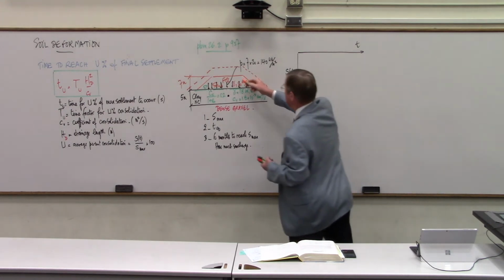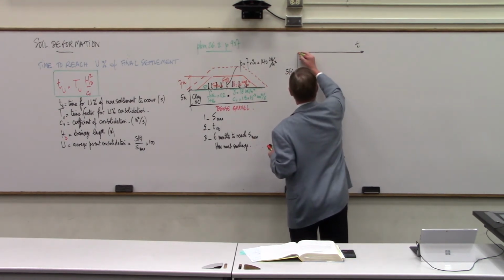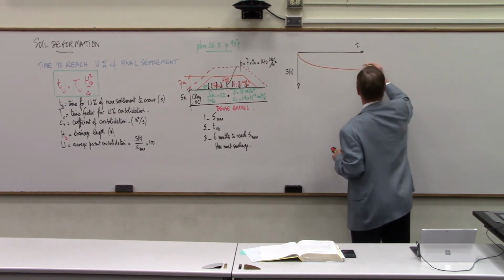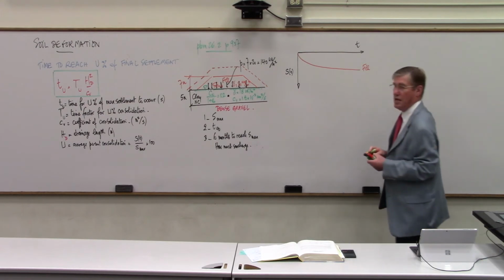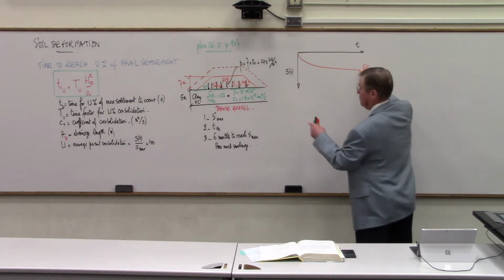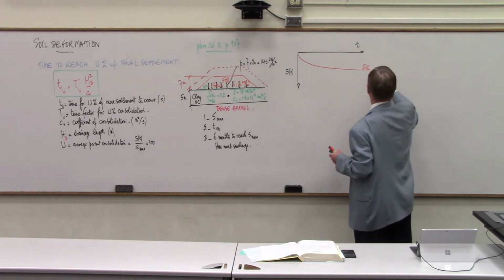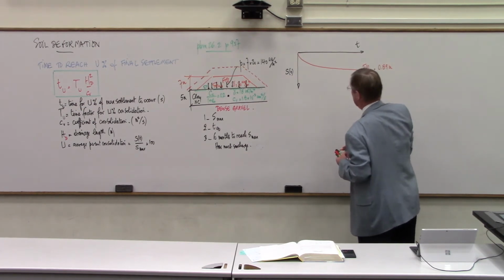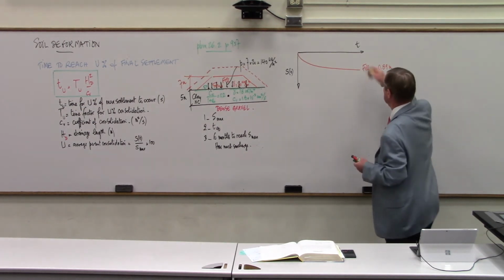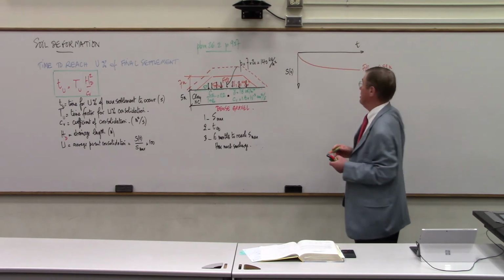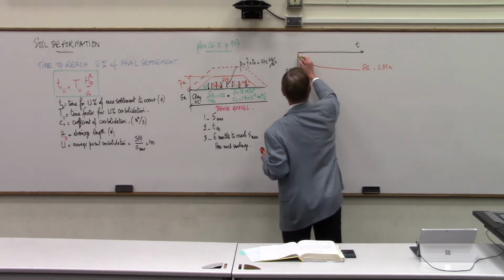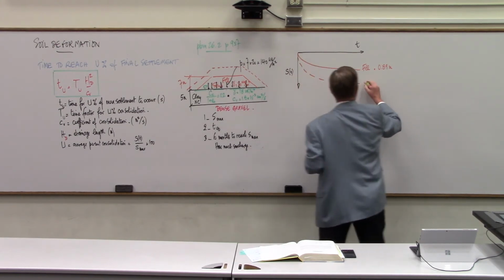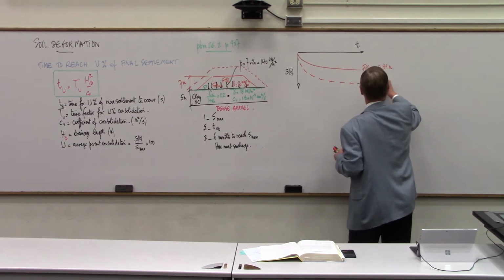If I do the settlement with the fill only, I'm going to have the maximum settlement, and the value was, I erased it, 0.89 meters. If I put the surcharge, it's going to take the same amount of time, 341 days, to get the final settlement under the surcharge and the fill. So fill plus surcharge.